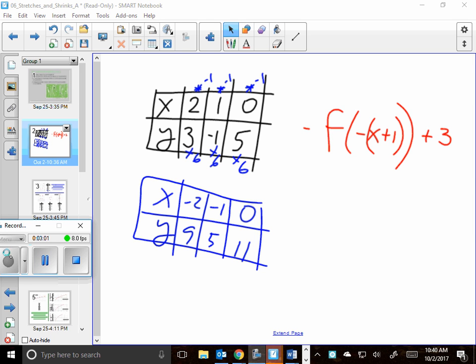And be careful on the inside. That's the x stuff. A lot of you are going to mess up the x stuff.